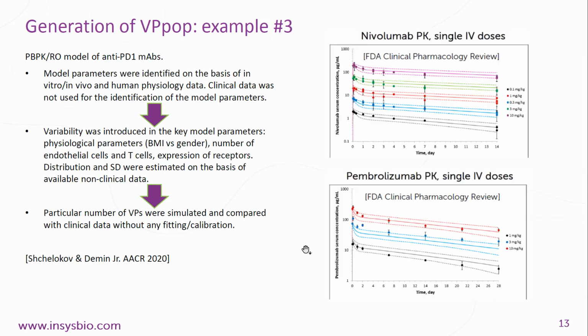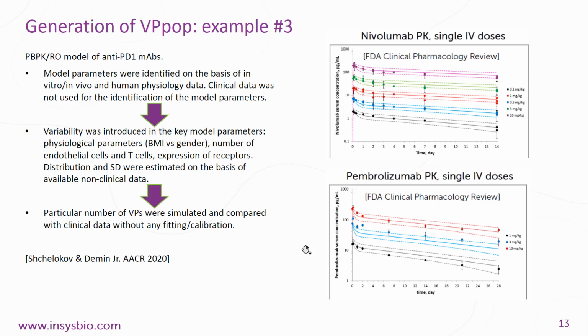Another example illustrating this approach is the PBPK model of anti-PD-1 antibodies. The idea of this model was to predict pharmacokinetics of the antibodies without any fitting or calibration against the clinical PK data.